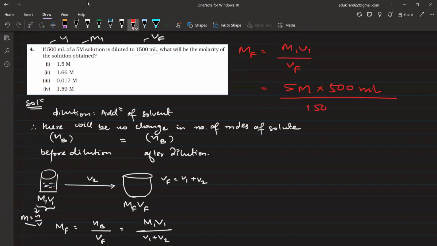Final volume is diluted till 1500 ml. ml and ml will cancel each other. Zeros cancel. This will be equal to 25 upon 15, which is molarity equal to 5 upon 3 molar, which is 1.67 molar. Is that right?